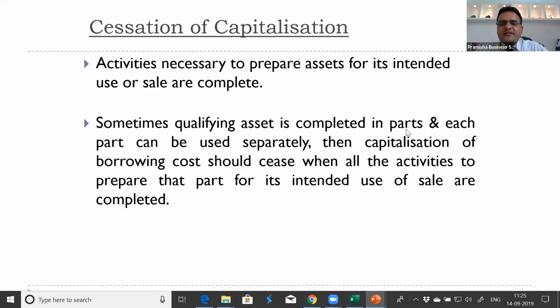Sometimes a qualifying asset is completed in parts and each part can be used separately. Then capitalization of borrowing costs should cease when all the activities to prepare that part for its intended use or sale are completed. Like we are making 150 flats, and if 100 flats are complete, we'll cease capitalization for those 100 flats and continue to capitalize for the 50 flats remaining which are pending. And I took the metro example as well. When substantially all the work is complete, you'll cease capitalization.